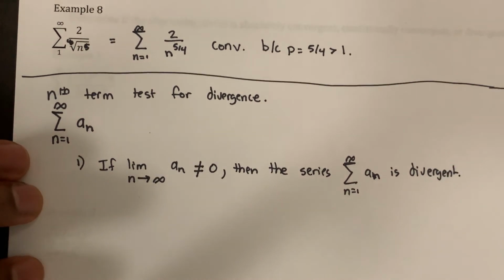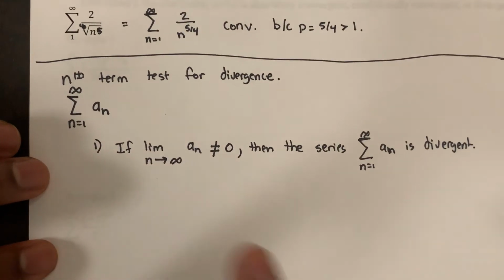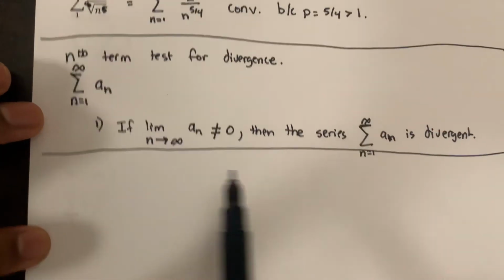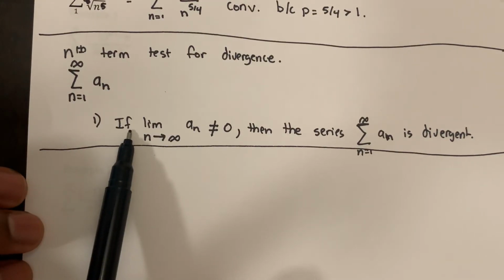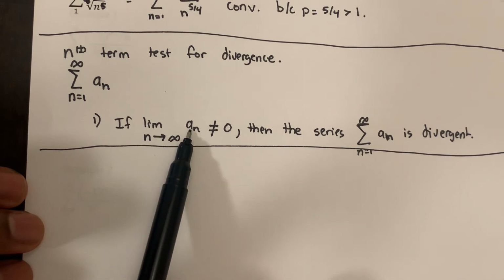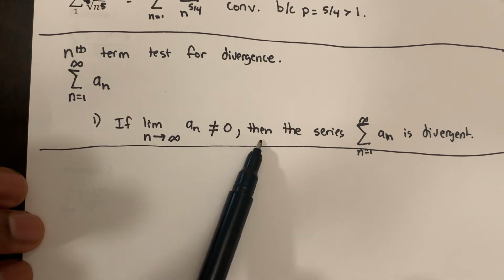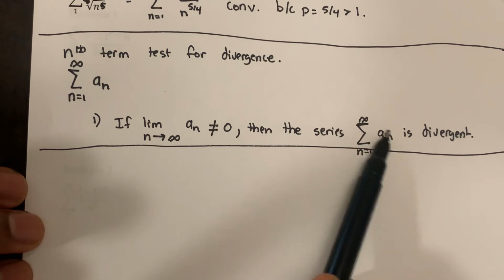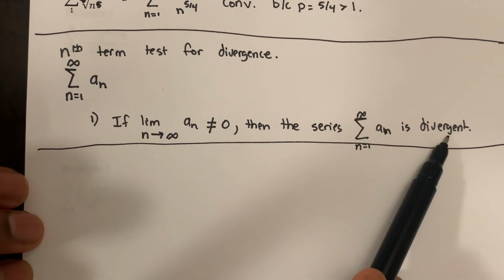I'll show you why with a quick example. So again, if the limit when n goes to infinity of a_n is not 0, then the series from n equals 1 to infinity of the sequence is divergent.